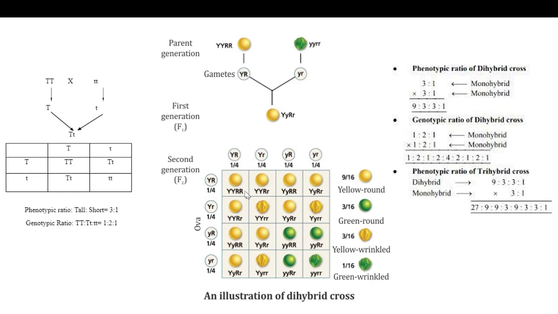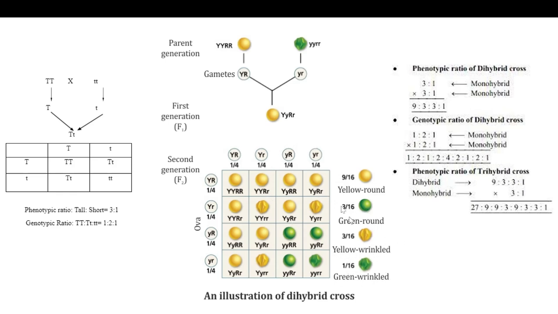You just need to remember that capital R codes for round, which is the dominant allele, and capital Y codes for yellow, which is again the dominant allele, whereas small y and small r are the recessive alleles. Small y codes for green, and small r codes for wrinkled.